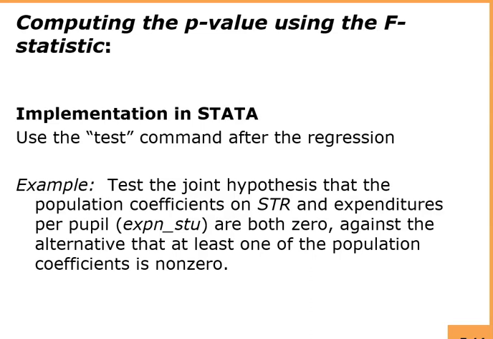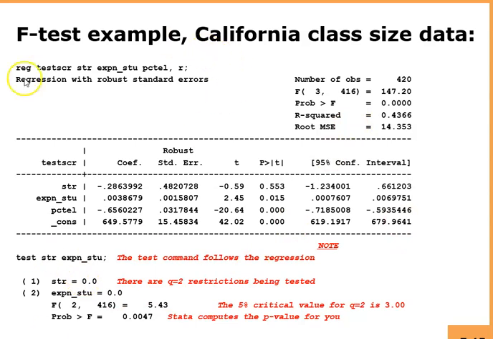So how do we actually do this kind of a joint hypothesis test in STATA? The post estimation command in STATA that we will use to run this joint hypothesis test goes by the name of test. For example, if we have to test the joint hypothesis that the population coefficients on student-teacher ratio and expenditures per pupil are both 0, how do we do that in STATA? We will run the regression first of all, and then we will use the command test and type in the student-teacher ratio variable, and next to it the expenditure per student variable.